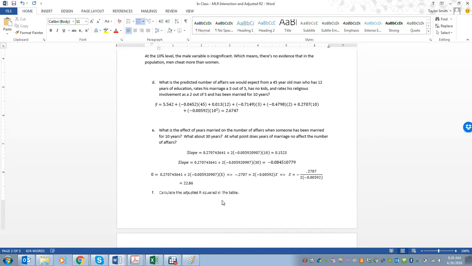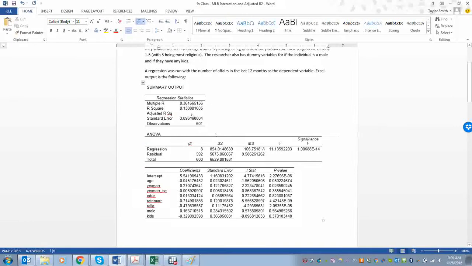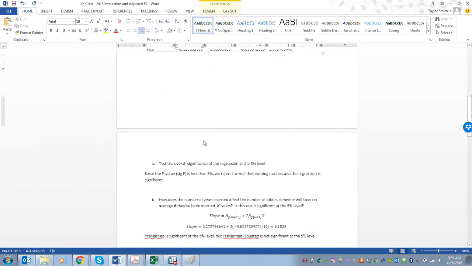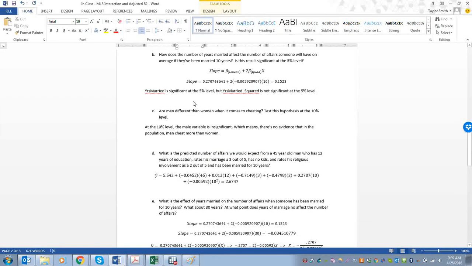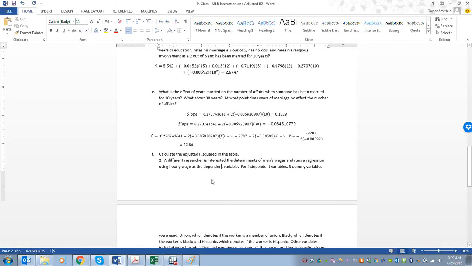Interesting data. So last thing, part F, calculate the adjusted R squared in the table. So we come up here, and I have adjusted R squared blanked out. How do we actually calculate that? Let me get us a little space down here that I can type in. All right, so calculate adjusted R squared.